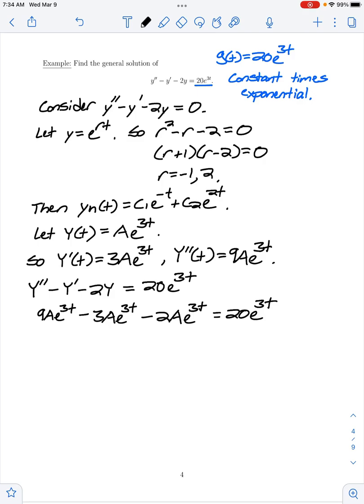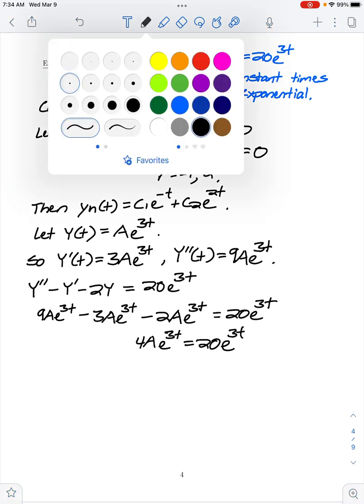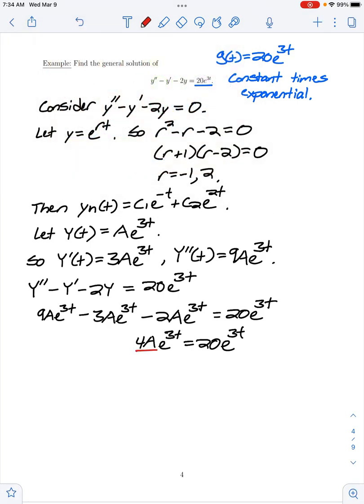So collecting my terms on the left-hand side, I'm left with 4a e to the 3t, which has to equal 20 e to the 3t. And so equating these coefficients of my exponential function, we see that 4a would have to equal 20, and so a would be 5.